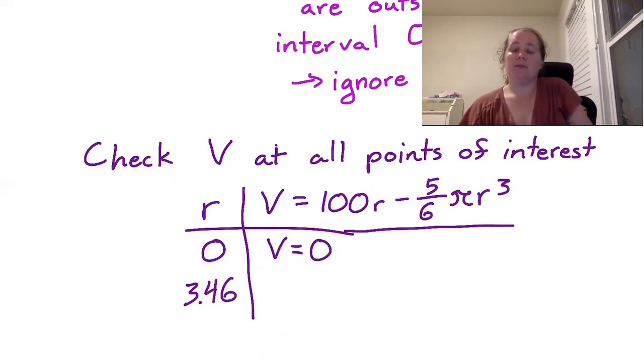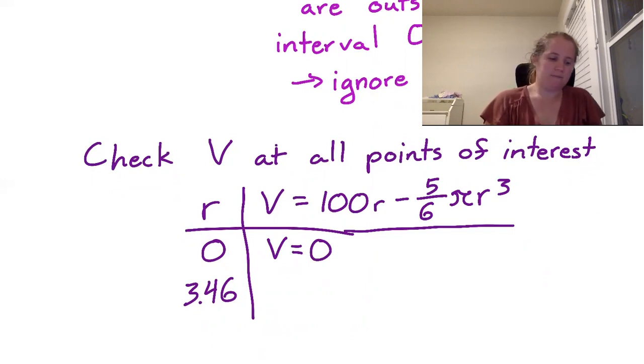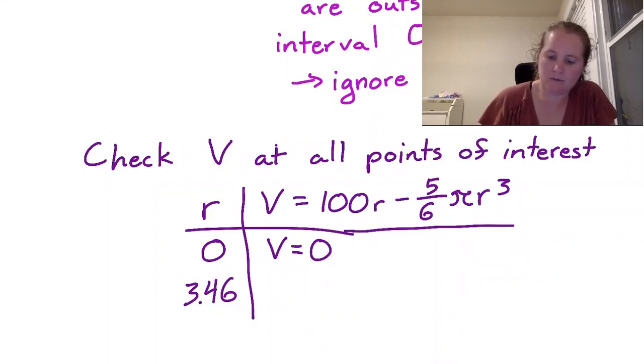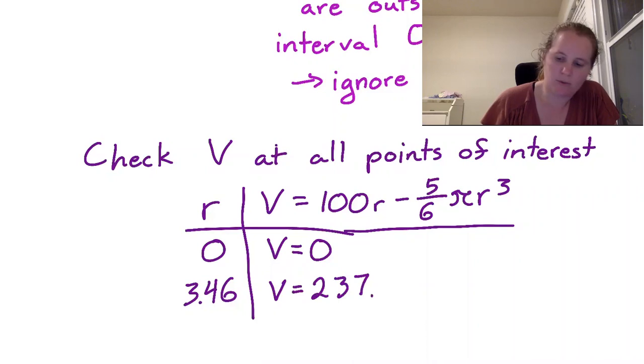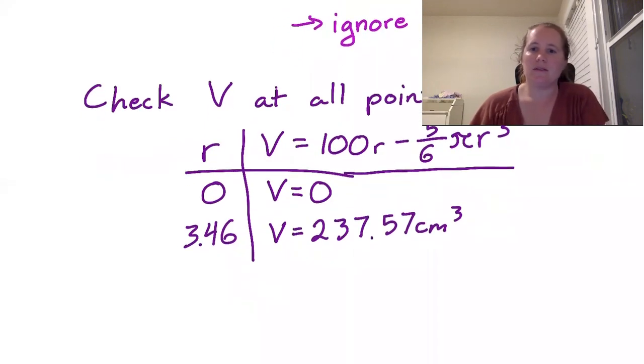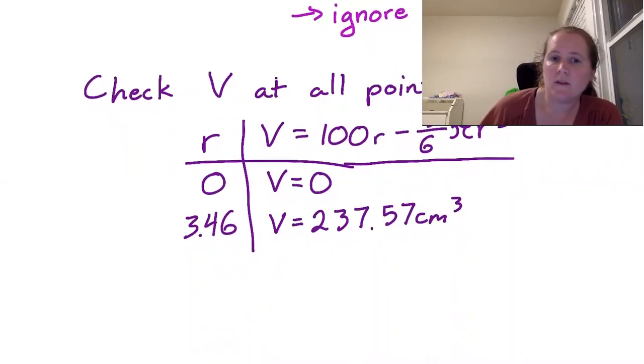If we plug in that 3.46, we wind up getting a volume equal to 237.57 cubic centimeters. So this comes again from using that r equals 3.46.